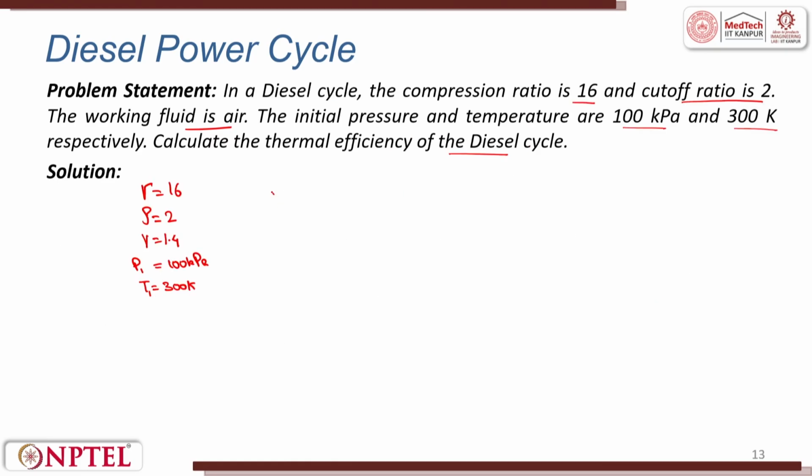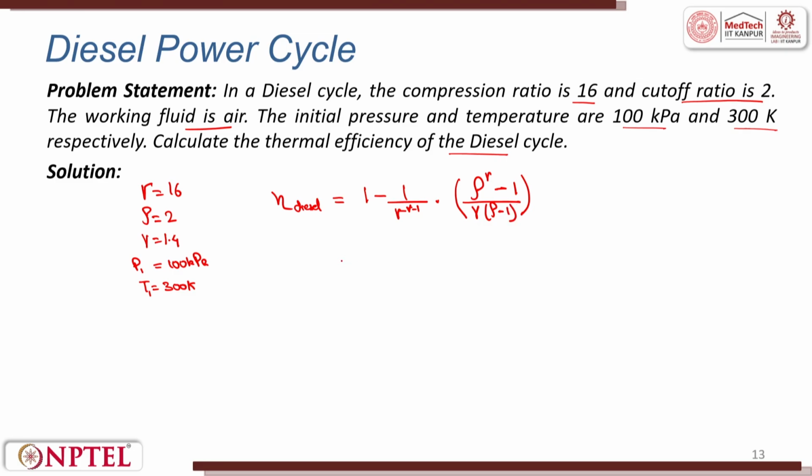So, the efficiency of the diesel cycle is 1 minus 1 by r to the power gamma minus 1, into the factor for the diesel cycle, that is rho to the power gamma minus 1 by gamma into rho minus 1.